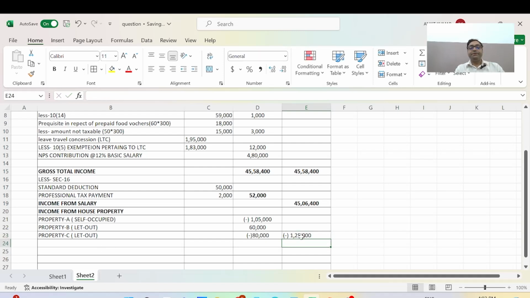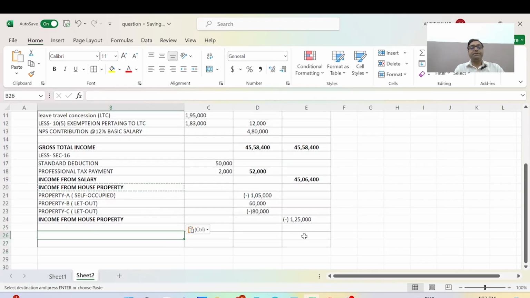This is the calculation of income from house property.